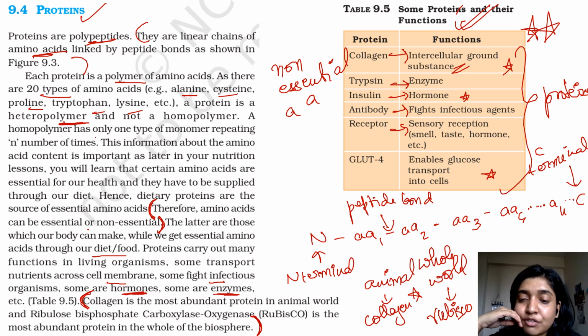For example, there is a signaling molecule. Let's imagine that the signaling molecule is calcium. Then calcium will come and join the receptor. That receptor is a protein and it is present on the cell membrane of your cell.